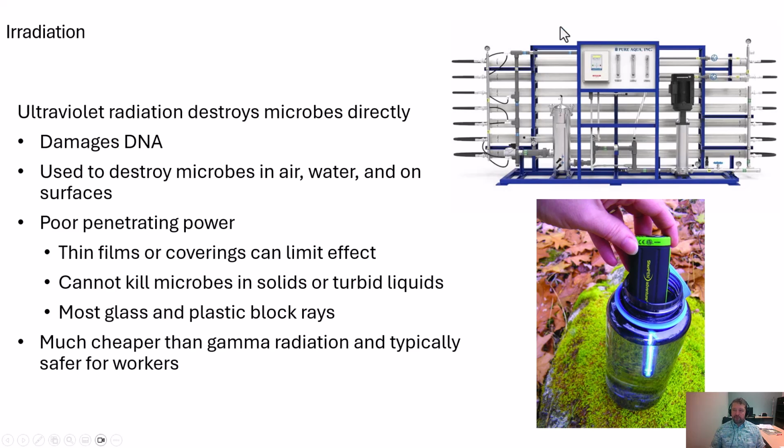So for example, lots of water treatment facilities, after they've filtered, they run the water through these UV tubes, and so inside these tubes are UV lights, very similar to this handheld light, but it's a UV light that's in these tubes, and the water just runs past it, and the UV radiation zaps microorganisms that might be still in the water.